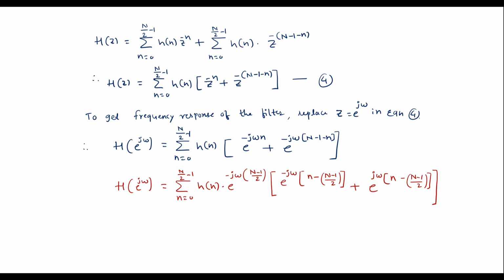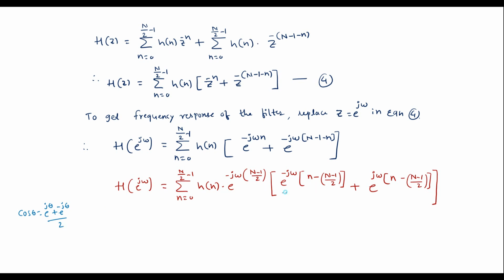Now we know that cos theta can be represented in exponential form as e power j theta plus e power minus j theta divided by 2. Here we can see that this term is like e power j theta, and this entire term is e power minus j theta. To bring it to standard form, I try to express this as a cosine function.